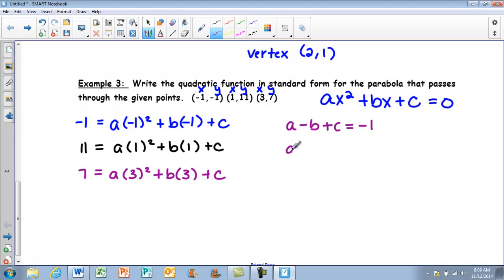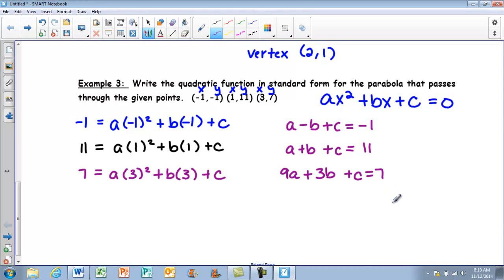The next one I'm going to have a plus b plus c equals 11. And then the last one, I'm going to have 9a plus 3b plus c equals 7.